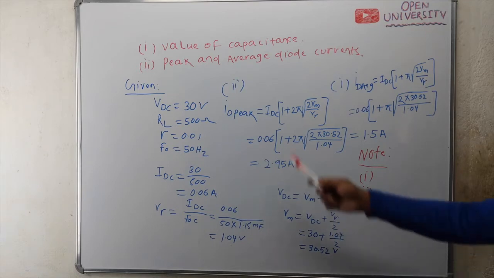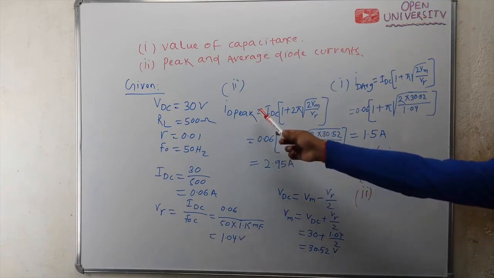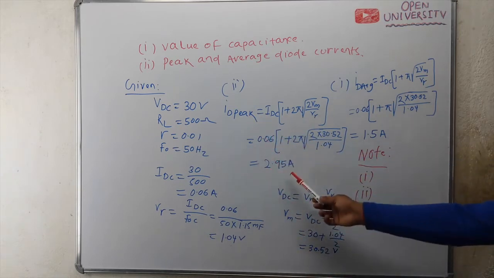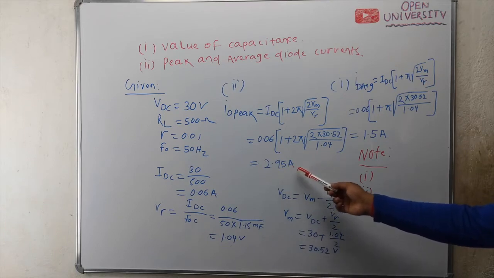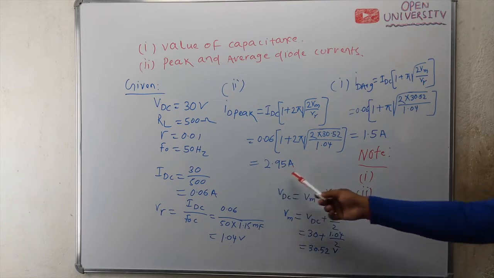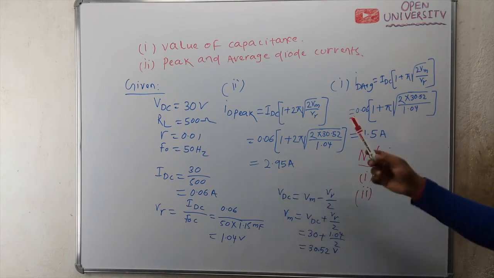Now you see your peak diode current becoming 2.95 ampere, which is a very strong value. So the maximum current through the diode is 2.95 ampere.